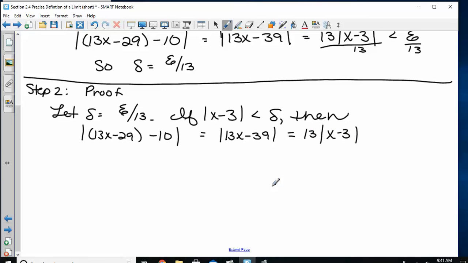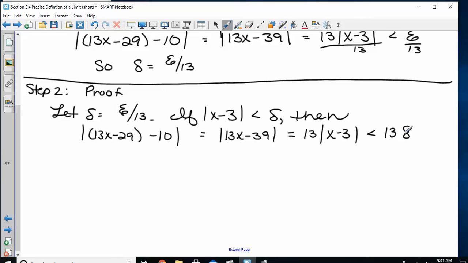Okay, but in my proof, I have already made the assumption that the absolute value of x minus 3 is less than delta. So this has to be less than 13 times delta. Okay, so I just got my less than.